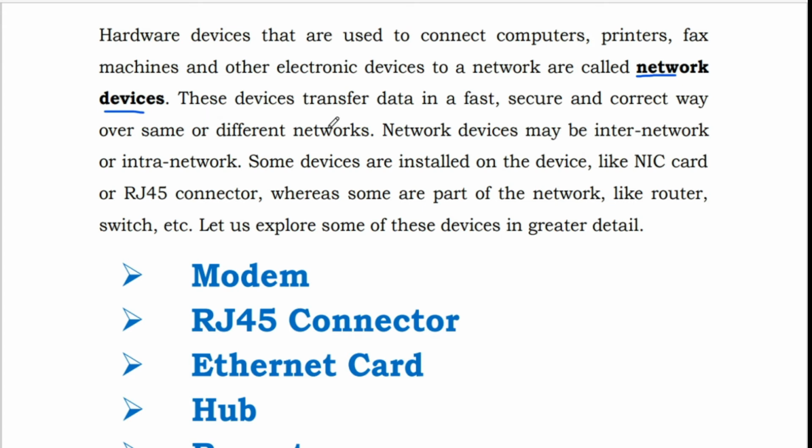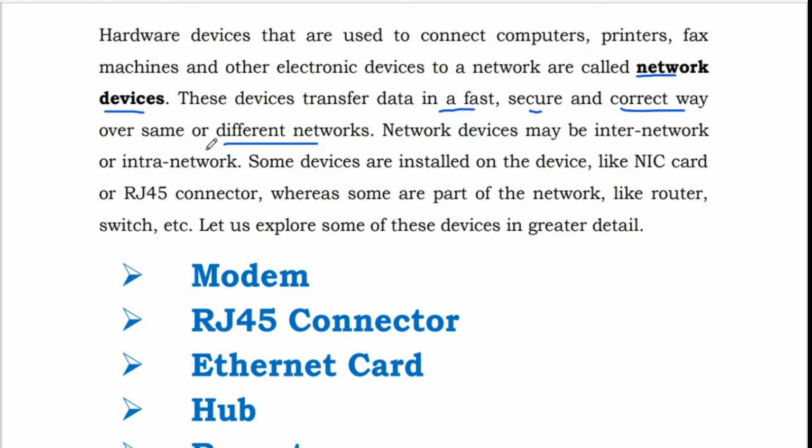So what do these devices basically do? These devices transfer data in a fast, secure and correct way over the same or different networks.